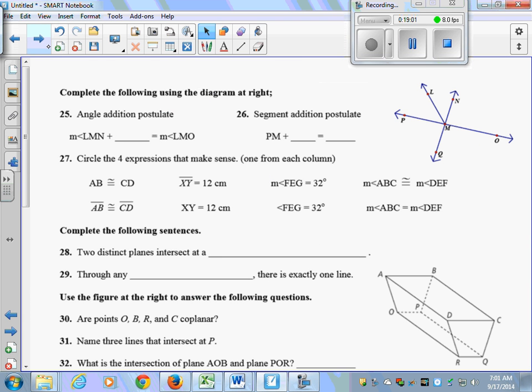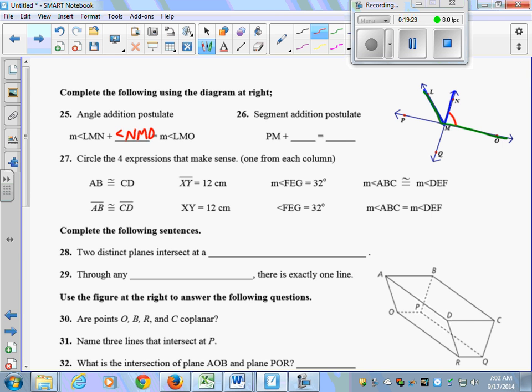Okay, complete the following using the diagram at the right. Angle addition postulate. Angle LMN plus blank equals LMO. So here's LMO. I need to fill in that blank with this angle here, and I'm going to call that NMO.